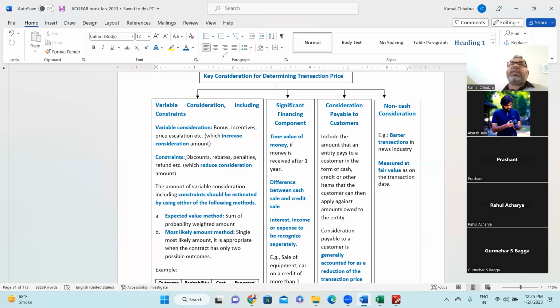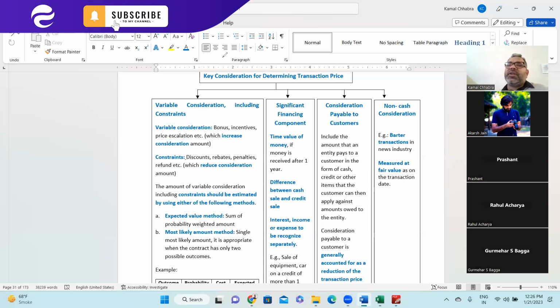When we consider materiality, we consider it for the financial statements as a whole. But when it comes to the significance of any transaction or financing component, it relates to that particular transaction. For example, the car is, let's say, valued at $100,000 and Ayush has, let's assume, a margin of 5%. That is $5,000 only.